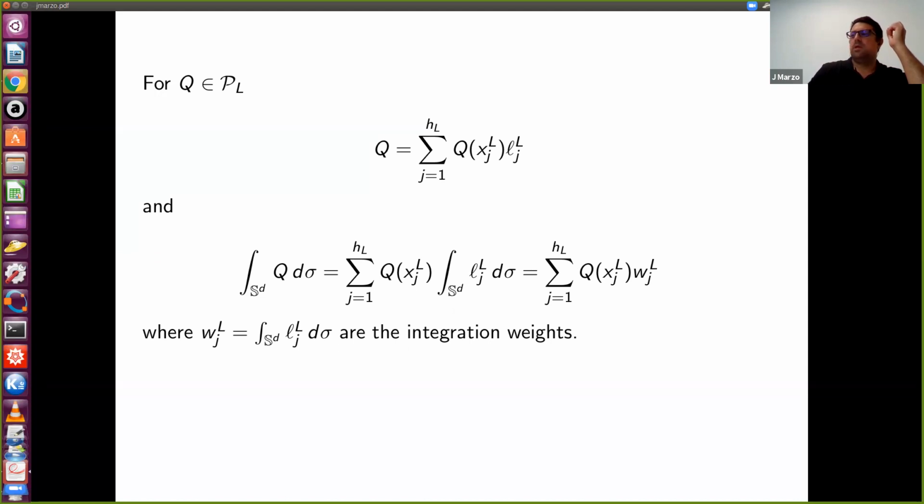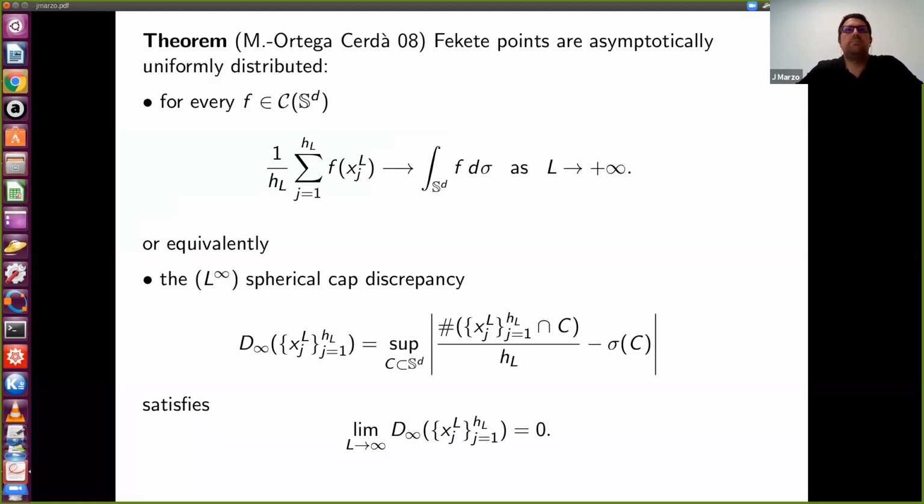And now, to give some intuition about these integration weights, I will recall something about the Fekete points, an old result we proved with Kim Ortega. These Fekete points are asymptotically uniformly distributed.